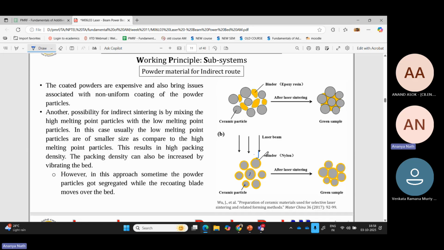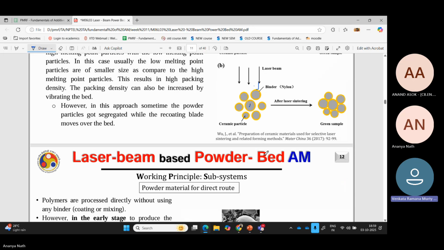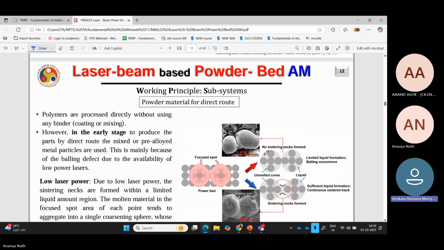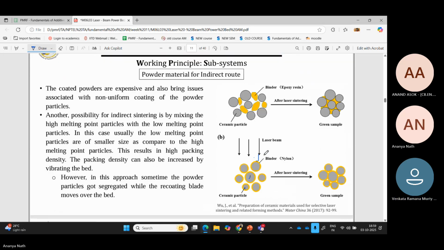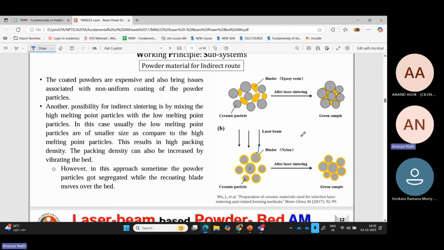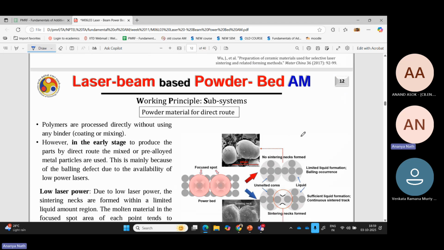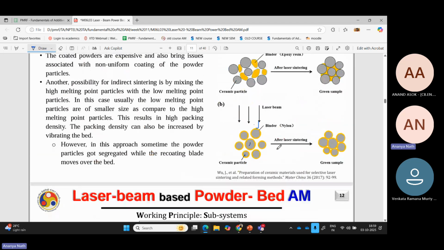Or if you do vice versa, you get a metal matrix composite with ceramic reinforcement. Here we can get the ceramic matrix composite with metal reinforcement. Here nylon was given as a binder, and here epoxy resin. Both are polymers. One is thermoset, one is thermoplastic.